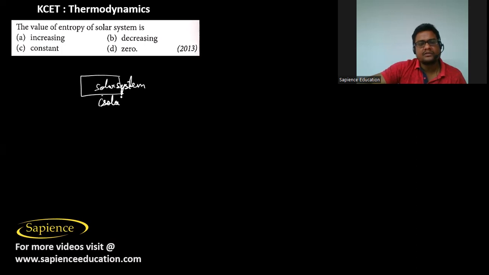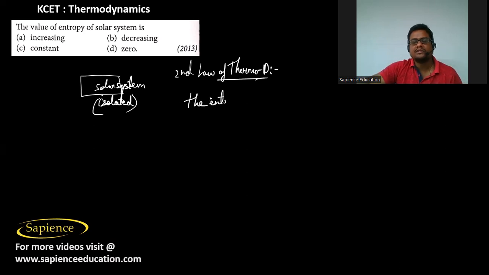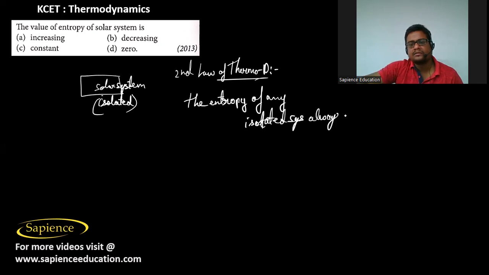So according to the second law of thermodynamics, we know that the entropy of any isolated system always increases. So the entropy of the solar system should also increase. The value of entropy is always increasing. So option A is the correct answer.